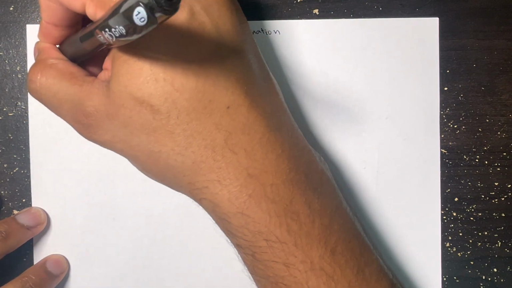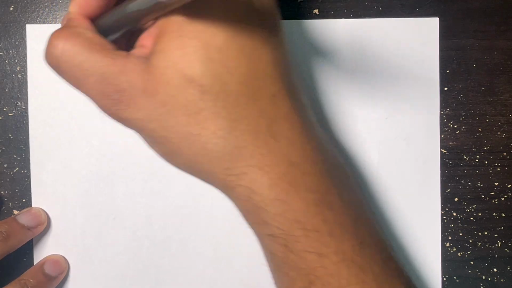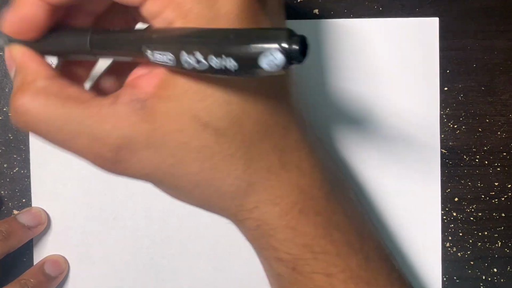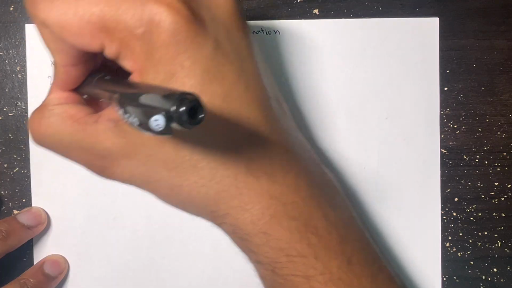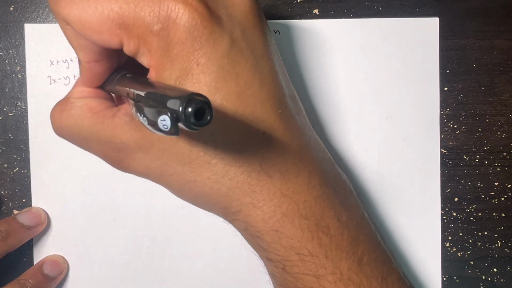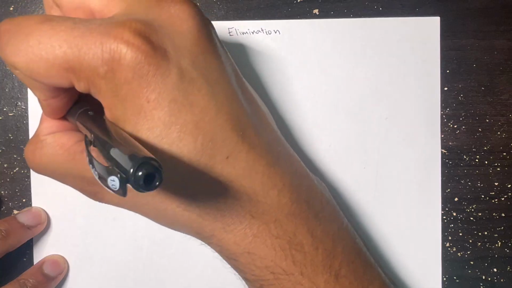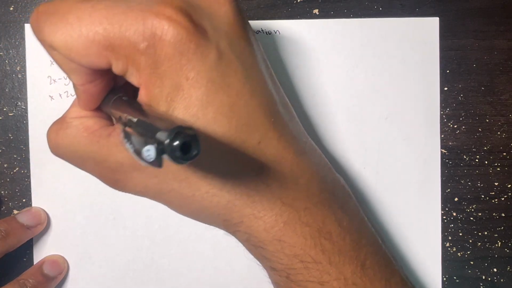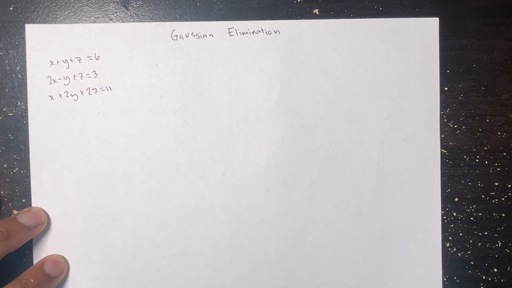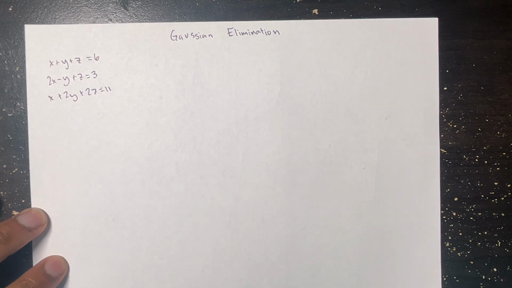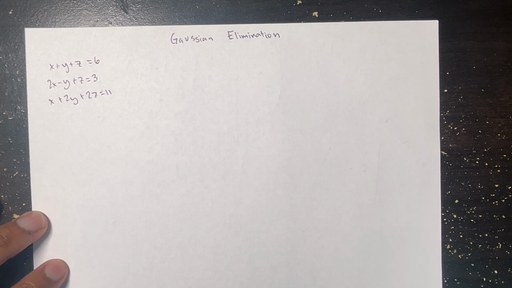So we'll start off with our equations, which would be x plus y plus z is equal to 6, 2x minus y plus z is equal to 3, and then x plus 2y plus 2z is equal to 11. So our goal is to turn this into an augmented matrix, which basically means that we strip away the x, y, and z, and we just look at their coefficients.